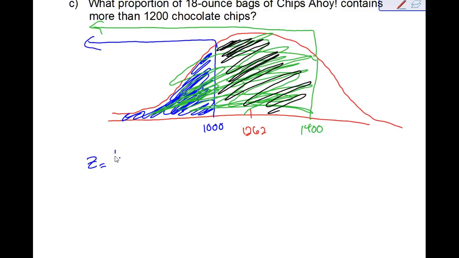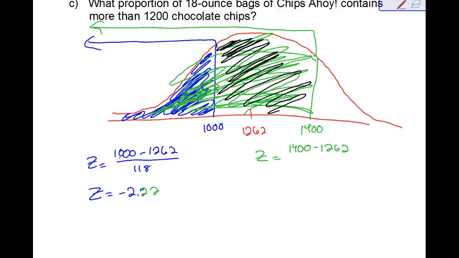So z is equal to 1000 minus 1262 divided by 118. And that gives me a negative 2.22, which we had already found. And then a z for the 1400 minus 1262 divided by 118.